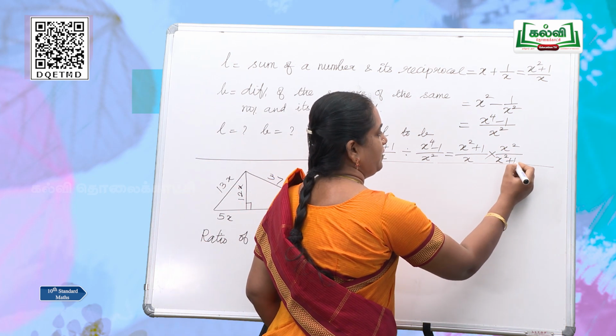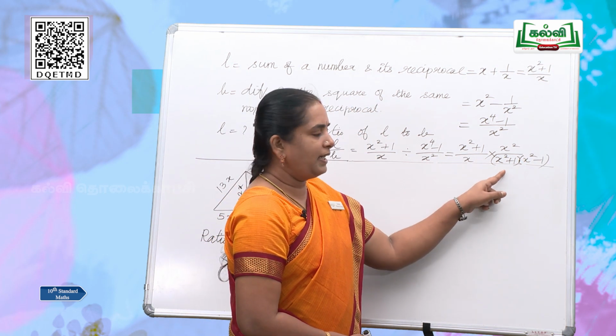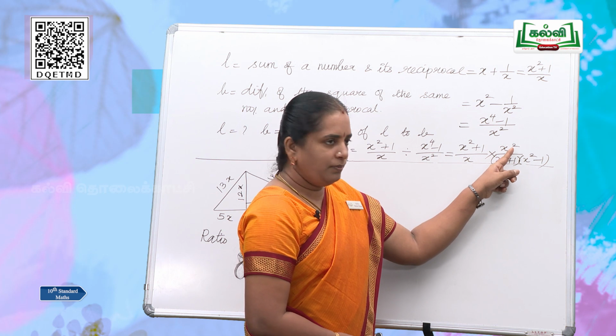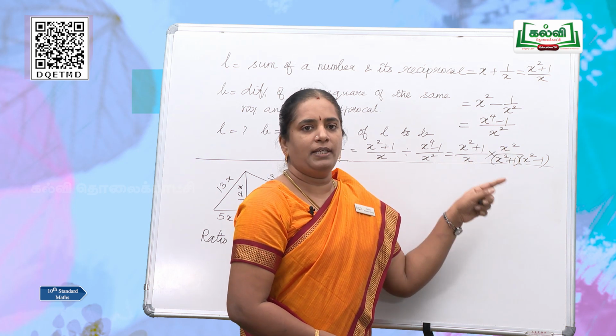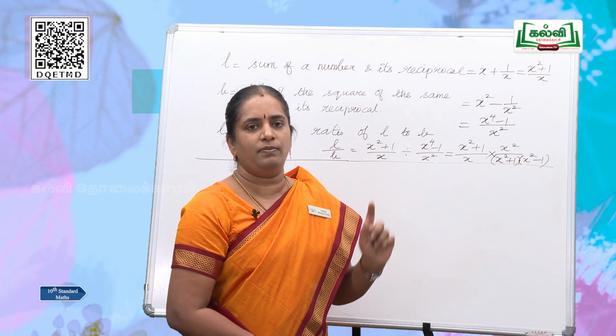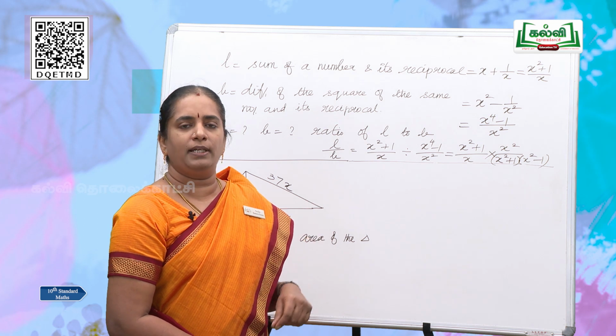So, these terms will get cancelled and this x will get cancelled. So, in the numerator x will remain and in the denominator x square minus 1 will remain. So, that is the ratio between length and breadth of that particular rectangle.